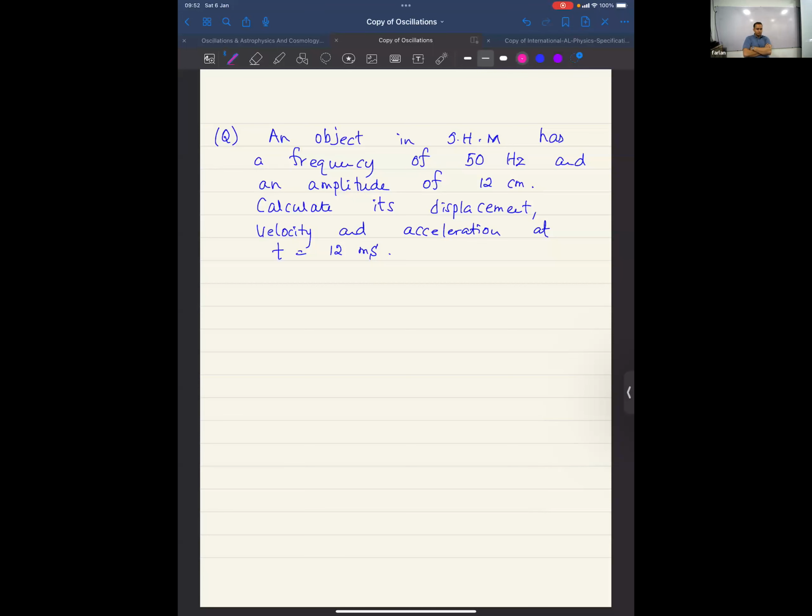Calculate its displacement, velocity, and acceleration at t equals 12 milliseconds.